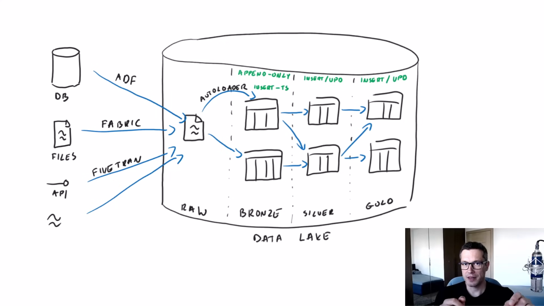The first one that tells us when we inserted the row to the table. Let's call it again insert timestamp, just to be consistent with the naming. And the same would be here on the gold layer, insert timestamp.